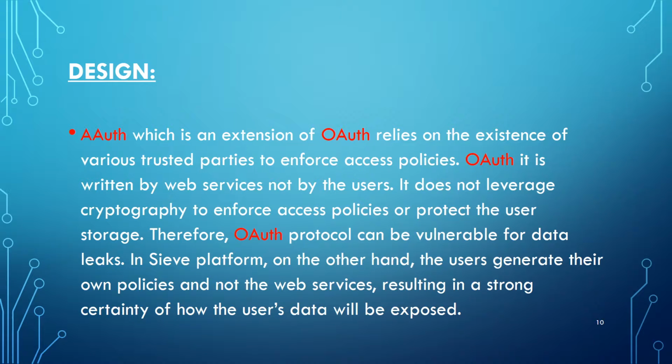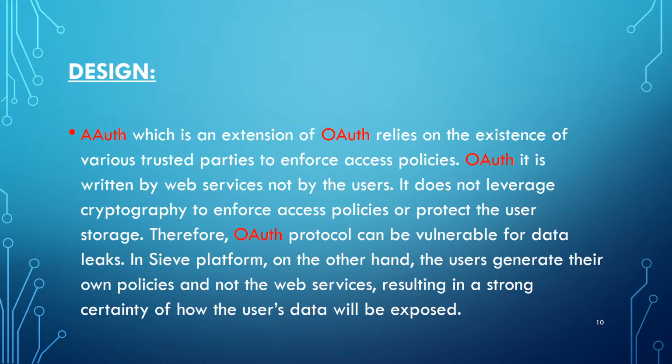The extension of OAuth relies on the existence of various trusted parties to enforce access policy. That's the one I'm talking about. They look alike, but there's an A and an O in there.